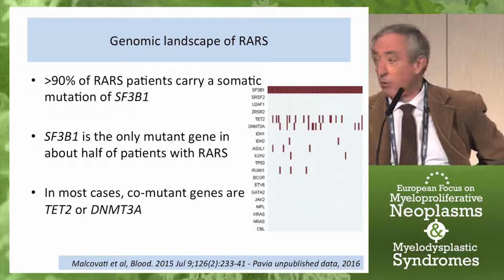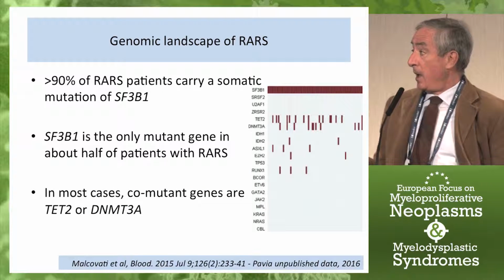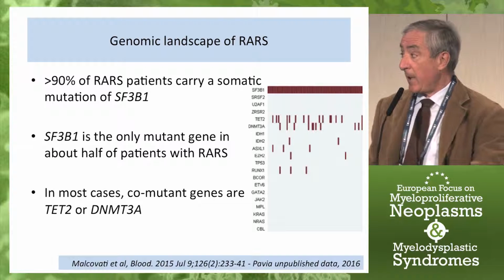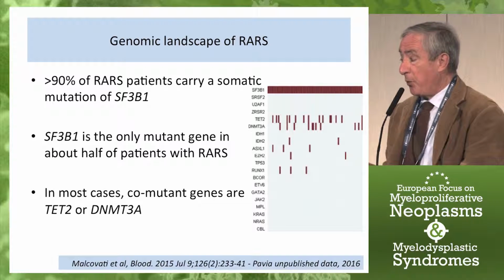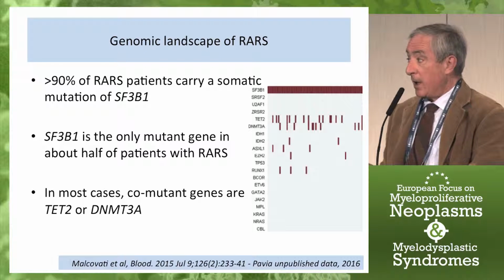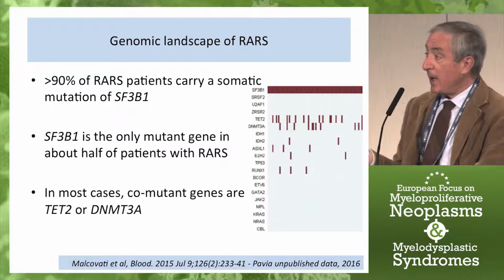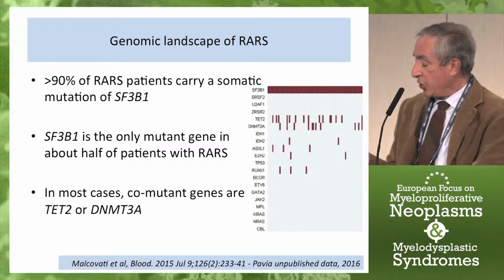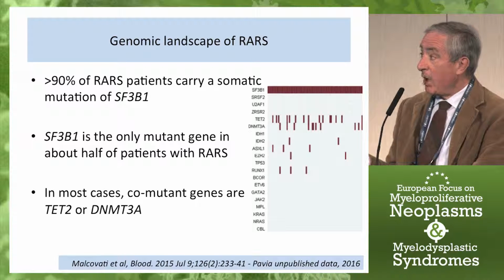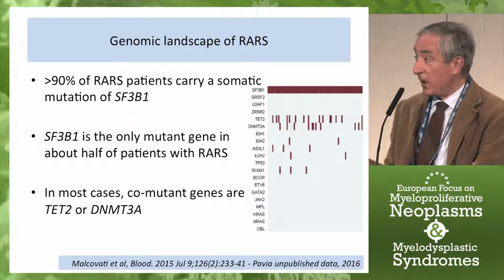More recently, Luca Malcovati has studied a population of patients with refractory anemia with ring sideroblasts, and has shown that more than 90% of these patients carry a somatic mutation in SF3B1.